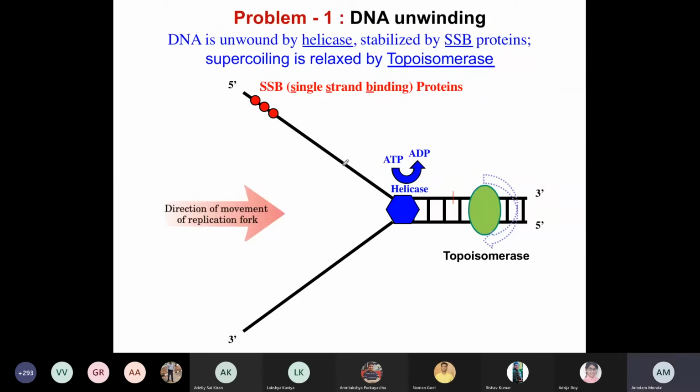So three different proteins take part in the initiation phase of the DNA replication process. First one is the helicase, which unwinds the DNA. Second one is the topoisomerase, which relaxes the supercoiling. And third one is the single-stranded binding proteins, which protect the single-stranded DNAs. Any question?